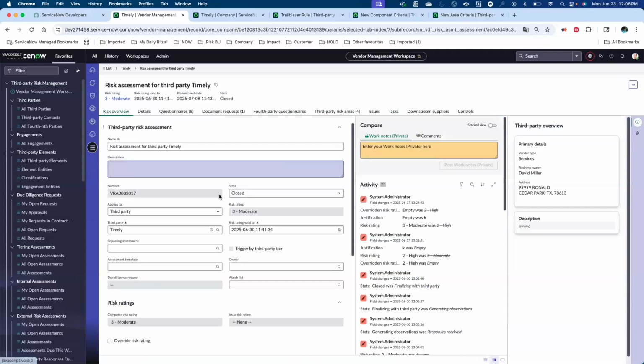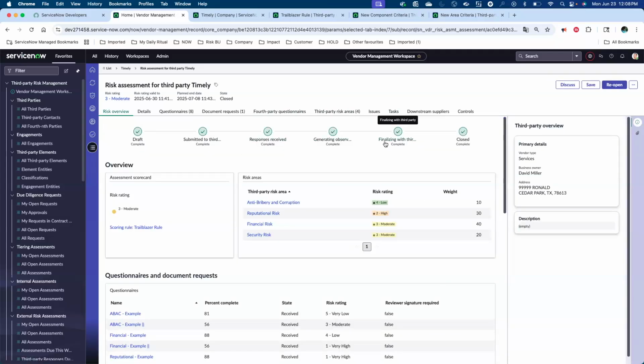So if we investigate the assessments, of course, it's not a surprise that the risk rating of the assessment has to be 3 moderate. As you look at the risk rating of the assessment, what we need to understand is how this risk rating is derived.